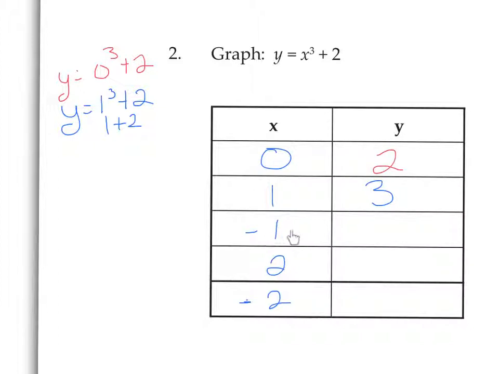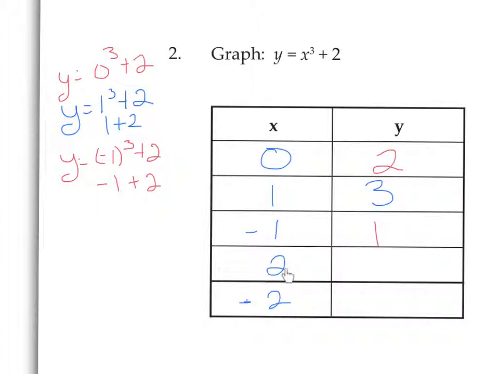Okay? When x is negative 1, we'll put the negative 1 in there. y will equal negative 1 cubed plus 2. Negative 1 cubed is negative 1 times negative 1 times negative 1, which makes negative 1 plus 2, and that comes out to be a positive 1.